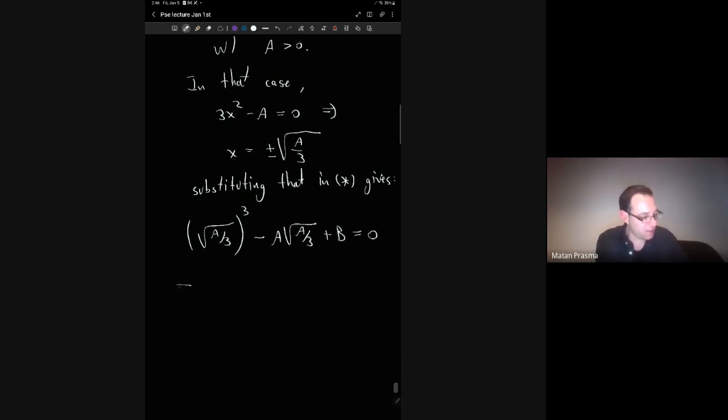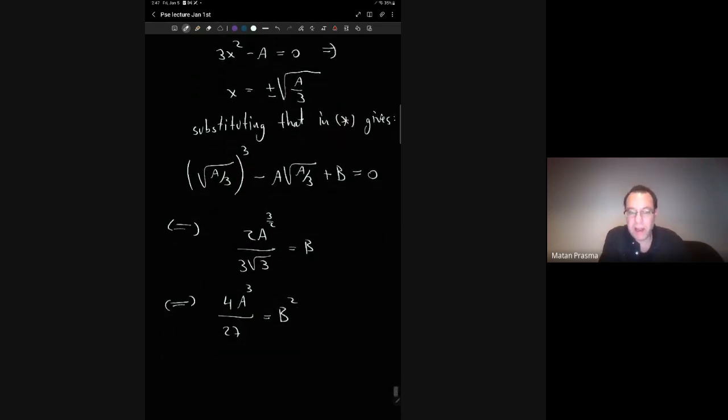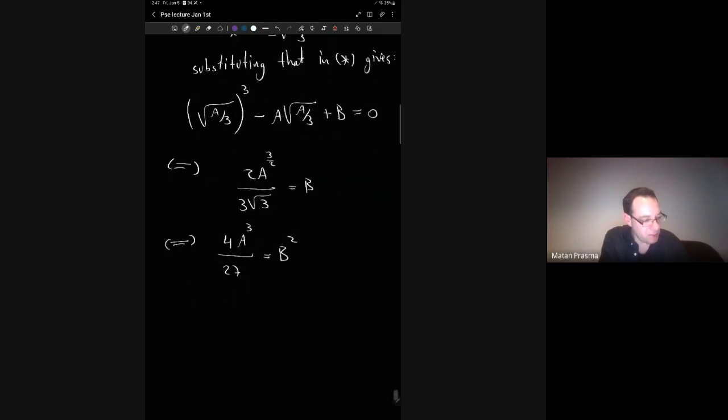And this is equivalent to simply saying 2a^(3/2) divided by 3 square root of 3 equals b. And from here, I simply get 4a cubed over 27 equals b squared. This is simply by exponentiation of the previous equation.